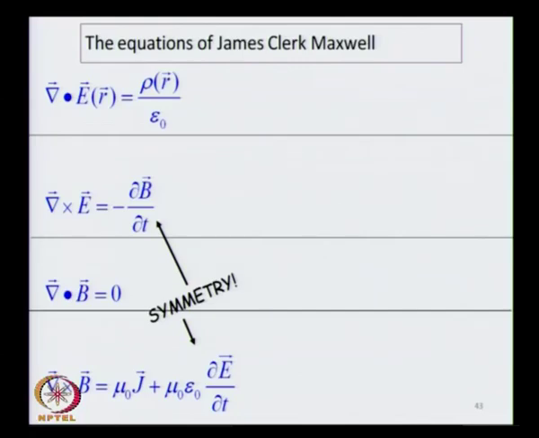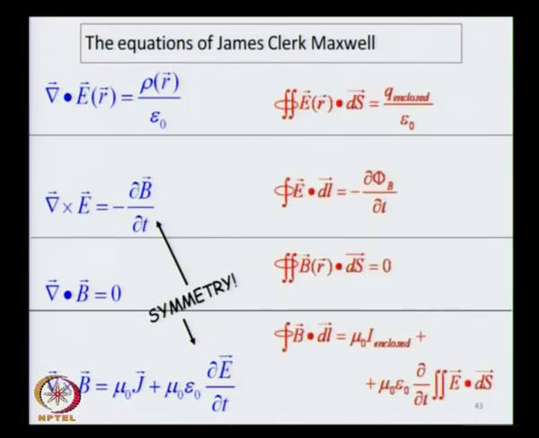Look at the symmetry of these two terms. They have exactly the same form. One involves the time derivative of the magnetic field, the other the time derivative of the electric field, and this symmetry is crucial. It has deep consequences.